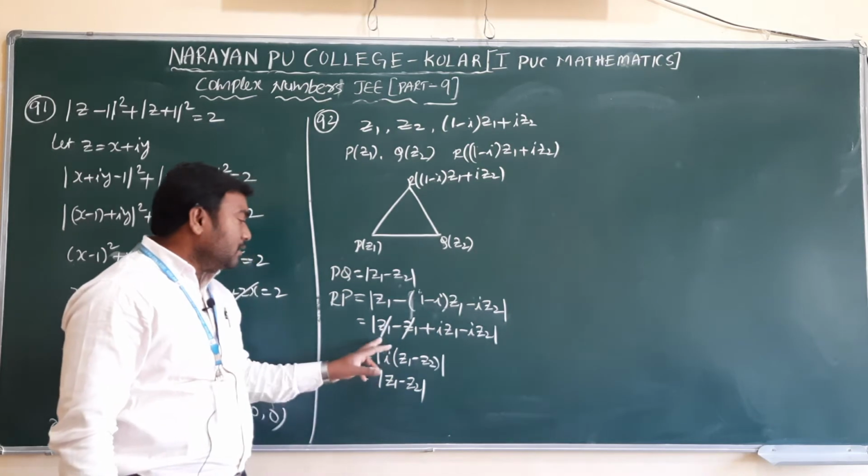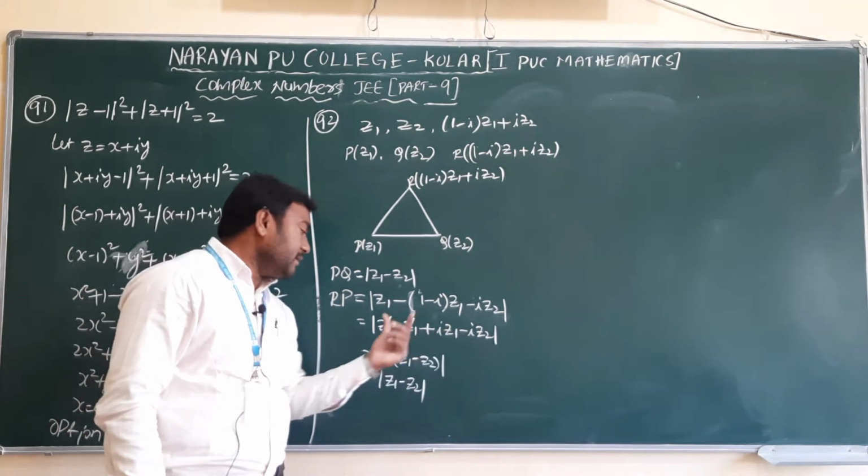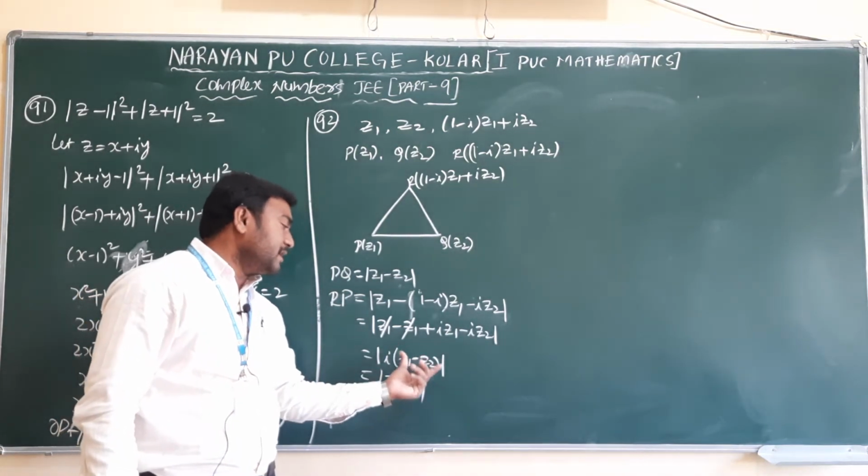Now z1 minus z1 cancels. We have to take i common here, so it is modulus of i into z1 minus z2.